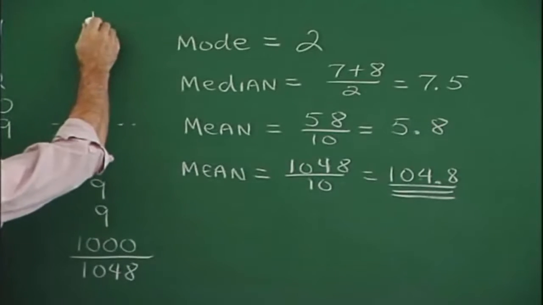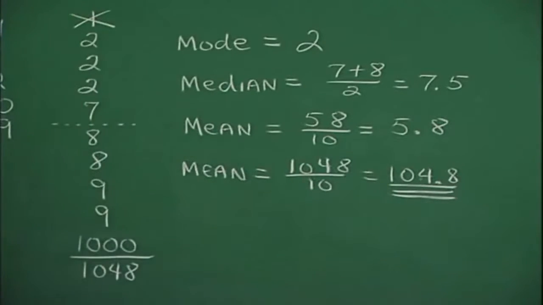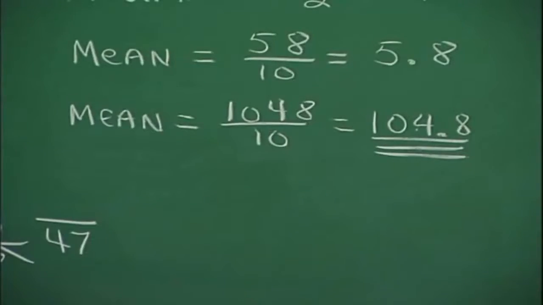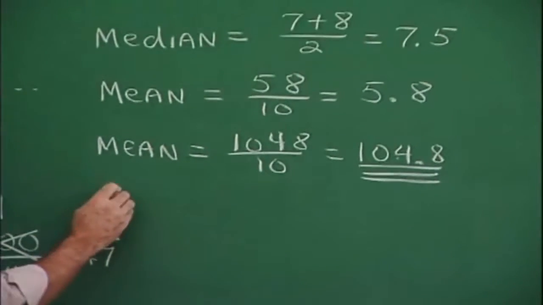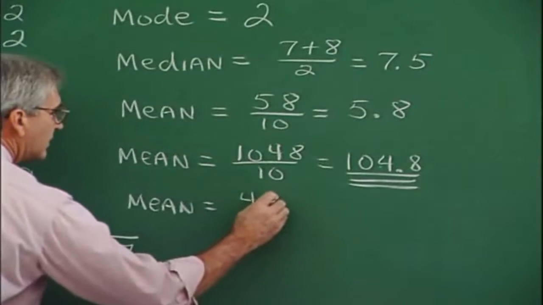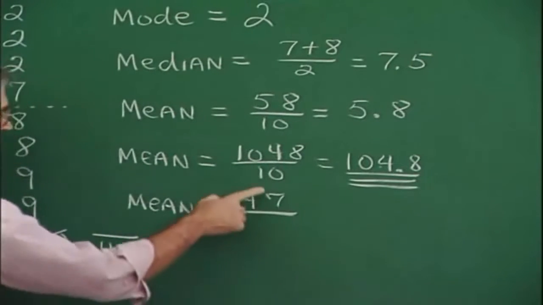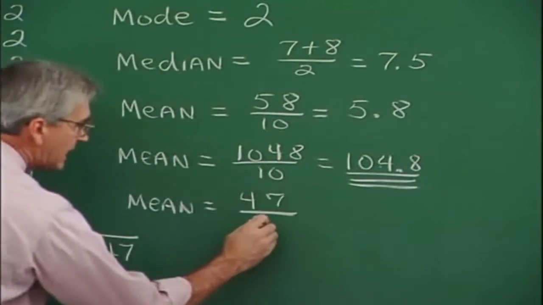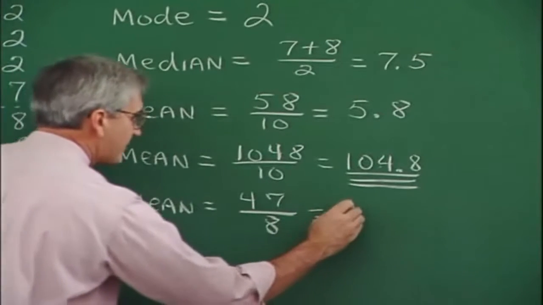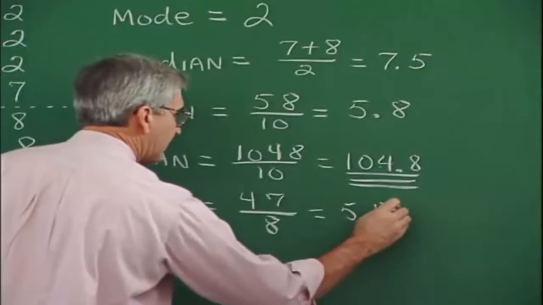So we would take off this 1. Let's eliminate the 1. Eliminate the 1,000. And now the sum turns out to be 47. So the calculation of the mean would be 47 divided by, now instead of 10 data values we only have 8, so it's 47 over 8, which turns out to be 5.875.